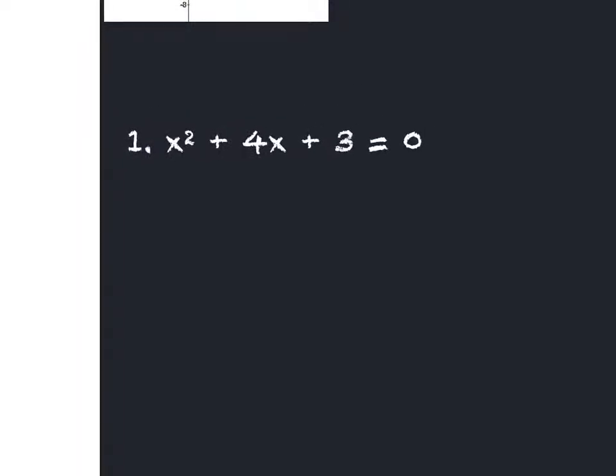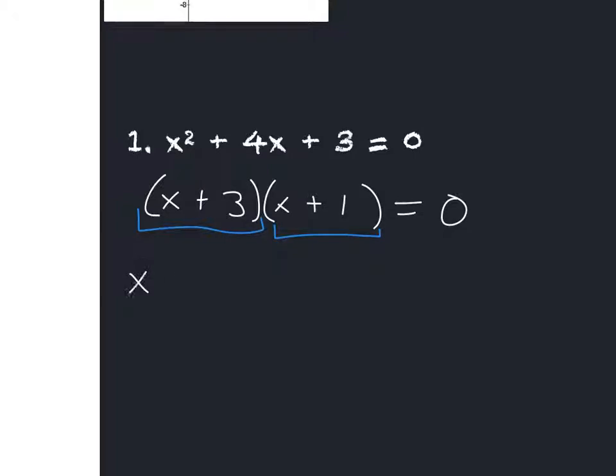So again, it's already set to 0, so that is helpful. So what you're going to do is you're going to factor this. So now you're going to look for two numbers that multiply and give you 3, add and give you 4, which is going to be 3 and 1. 3 times 1 is 3, and 3 plus 1 is 4. And then you're going to set each of these factors equal to 0.